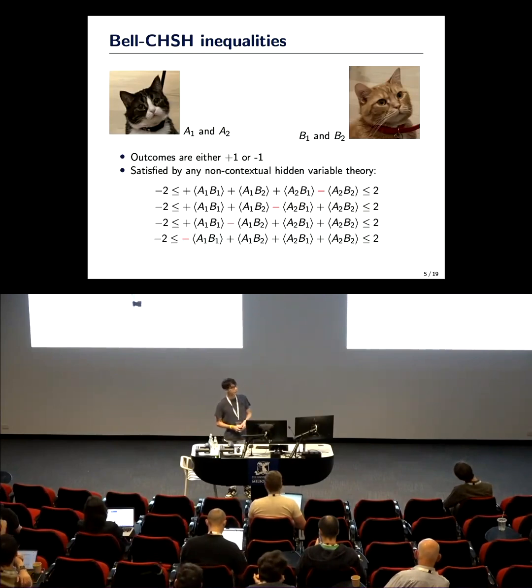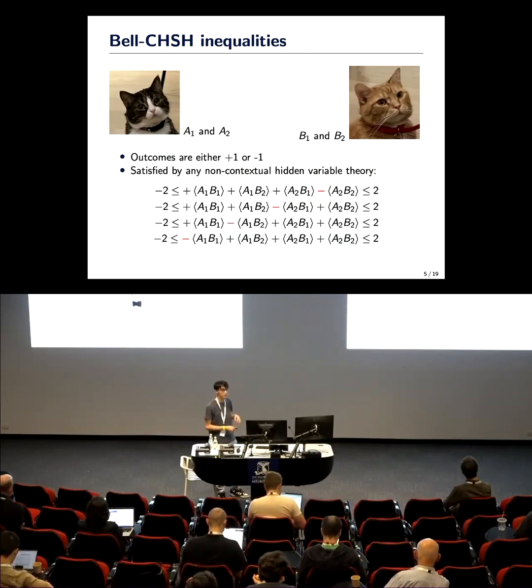The idea is you have a shared system between Alice and Bob. Alice here, Bob here. They have two observables each. These two observables are incompatible, and the same goes for these two.